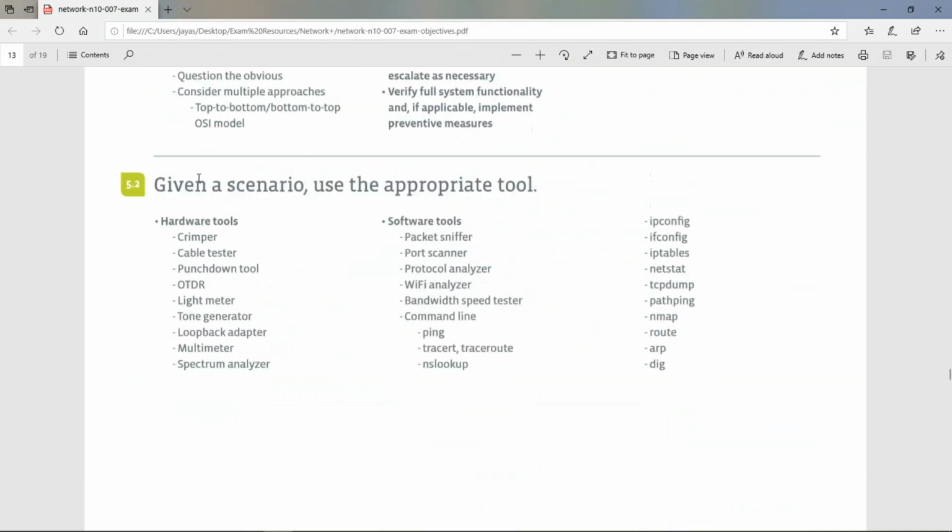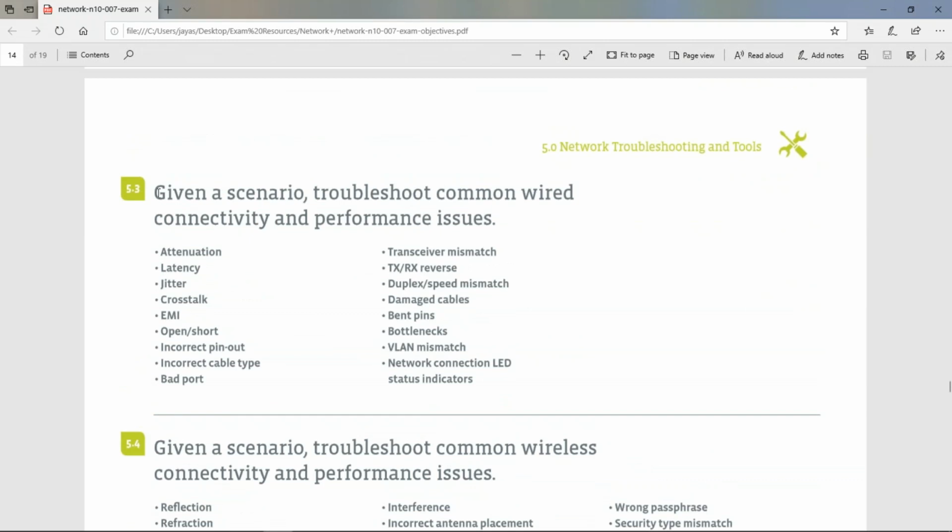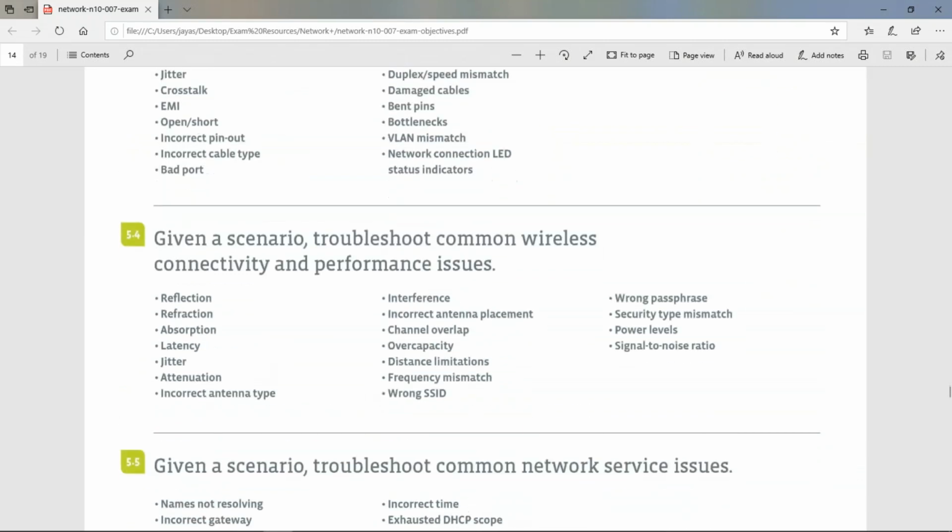So when you get down here to troubleshooting, one thing I want you to notice is that every one of these sub-objectives is going to be scenario-based. They're going to give you some type of scenario. Something's happened, something's not working. You're getting calls from employees saying that they can't reach the internet. Some employees can communicate with some computers, but they can't communicate with others.